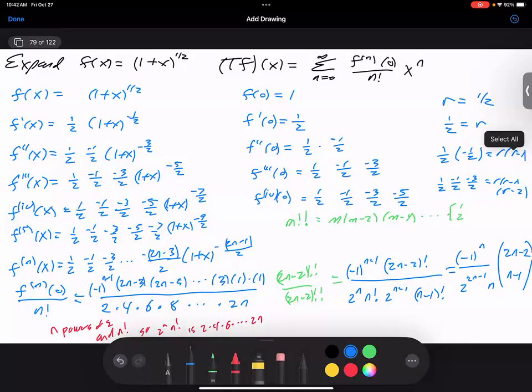So if I write n factorial as n times n minus 1 factorial, I can now take the n minus 1 factorial and the 2n minus 2, and give myself a 2n minus 2, choose n minus 1. And so it looks like this is now a binomial coefficient with a factor of 1 over 2 to the n minus 1 and an n.